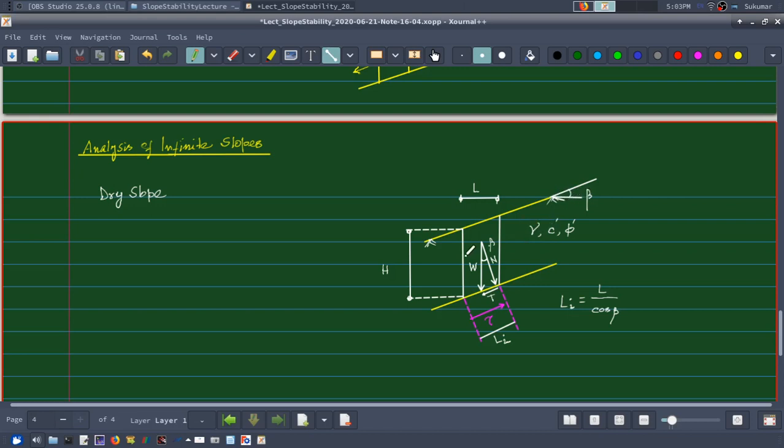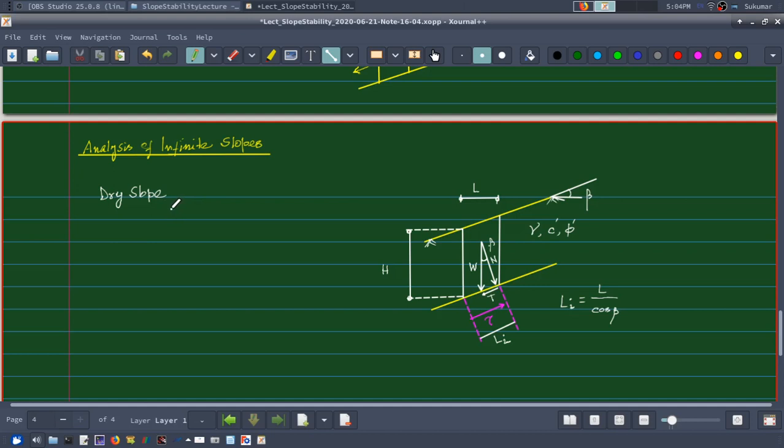Let us consider the slope material above the failure surface, and the failure surface is at a depth of h vertically from the slope surface, and it has a width horizontally of length L. Width is L and height is h, and therefore the area of this portion will be the same as the area of a rectangle having height h and width L.